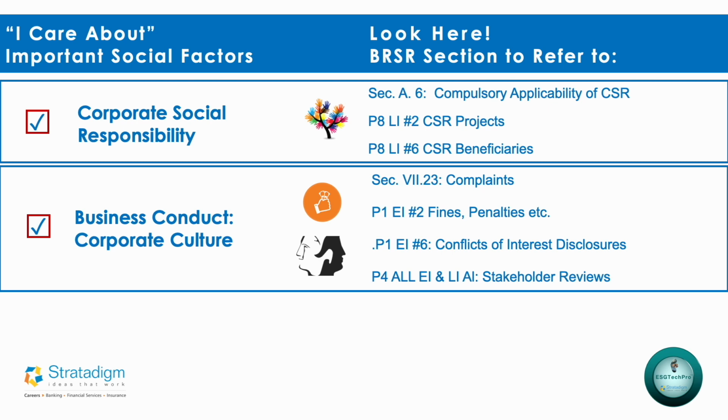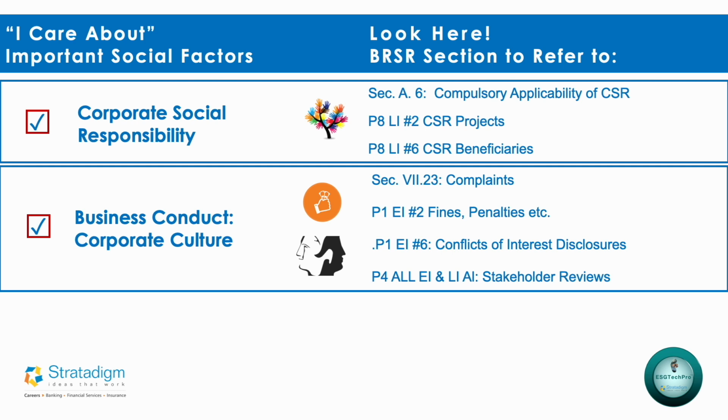Look at Principle 4. All the essential indicators and leading indicators there relate to stakeholder review. Whom all does the organization consider a stakeholder? Have they consulted them? Have they looked into their interests? We have a separate piece which talks about the breadth and scope of stakeholder review.